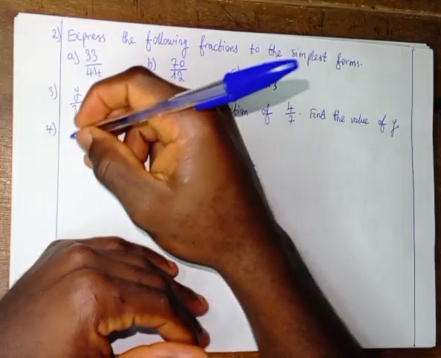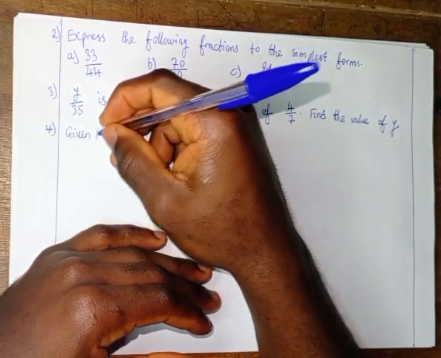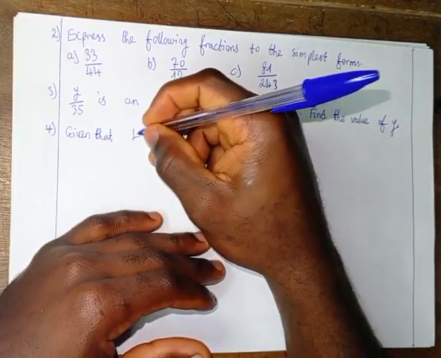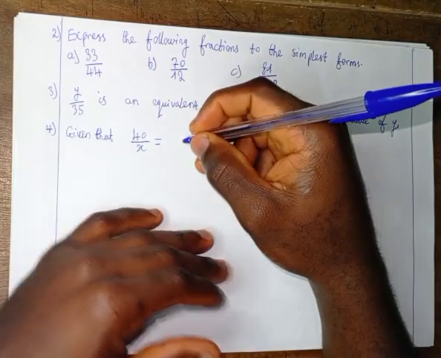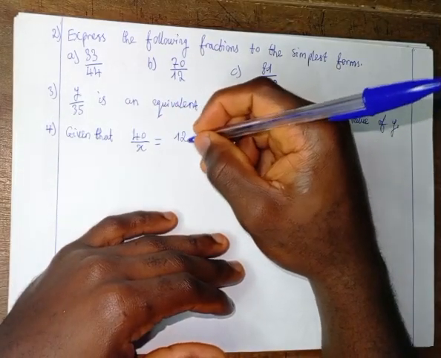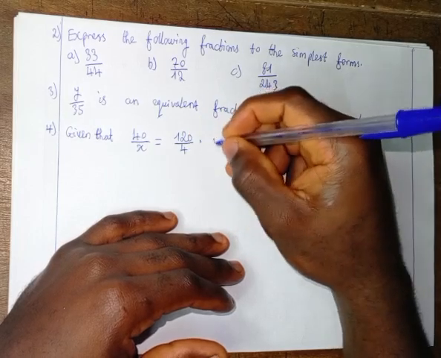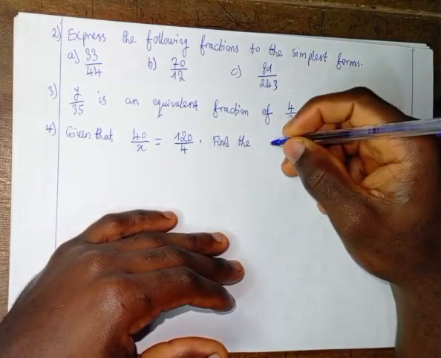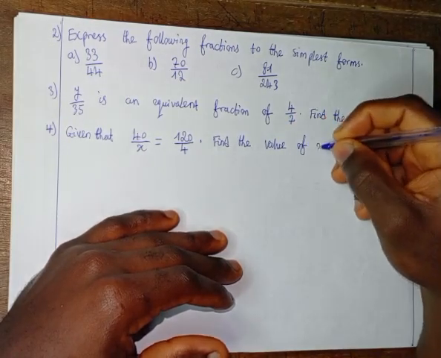Question 4: Given that 40 over x is equal to 120 over 4, find the value of x.